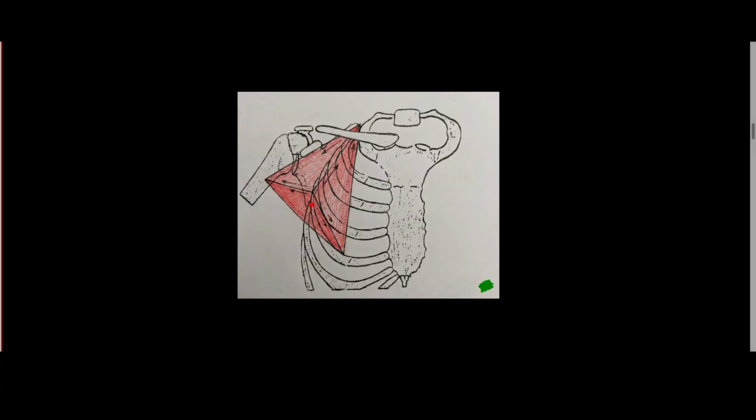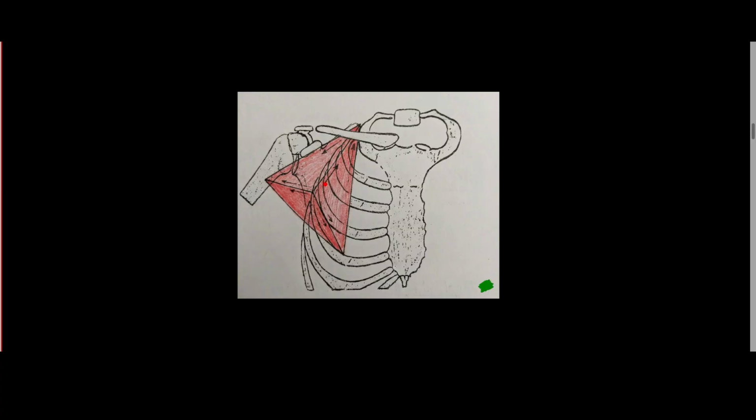This diagram shows what the axilla actually looks like internally. Okay, so the axilla is a truncated four-sided pyramid. So it's pyramidal in shape, and a truncated pyramid actually, which means a pyramid with its tip cut off.